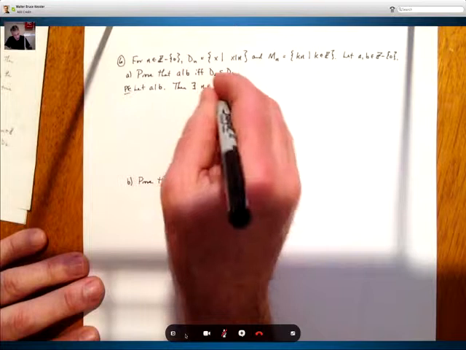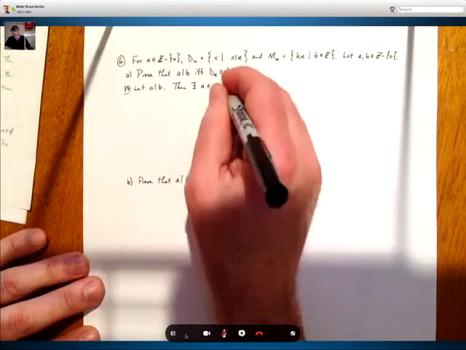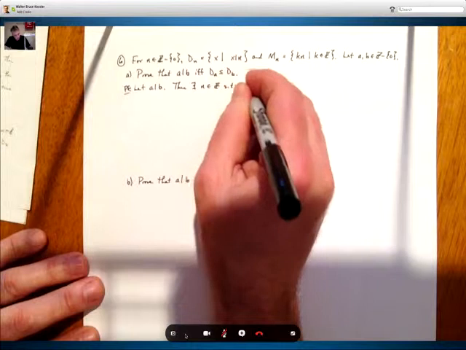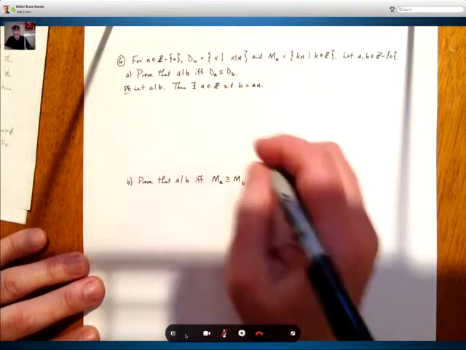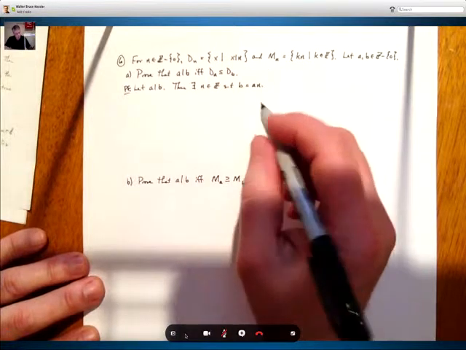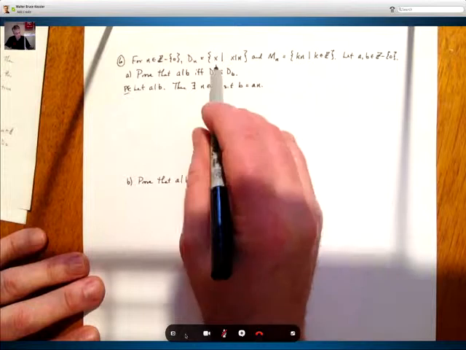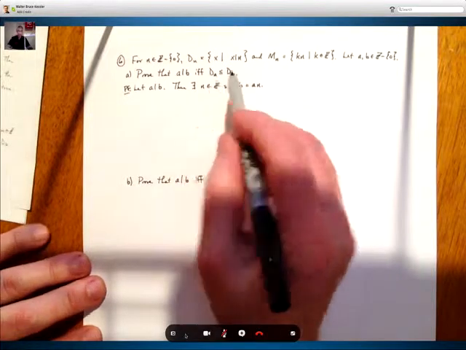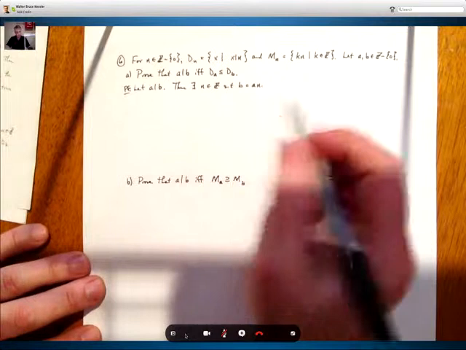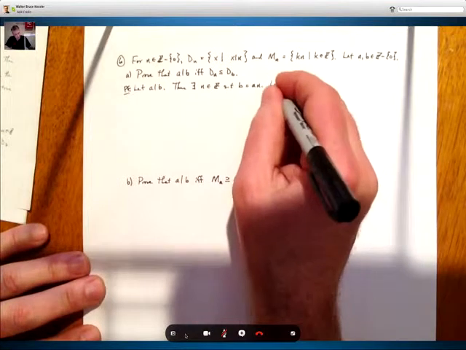There's some integer n out there such that B is A times that n. Now with that assumption, I want to take something. Remember how we do set inclusion? We take something out of this set and show that it's in that set.